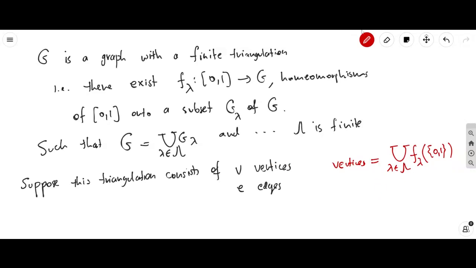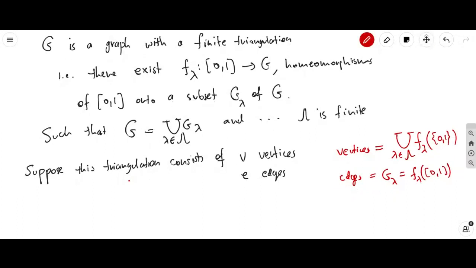The set that you get, you call the set of vertices. The edges that you get are exactly what we call G lambda, and G lambda is the image of these homeomorphisms. So we're saying, suppose we have triangulated the graph in this way, and we have V vertices and E edges.